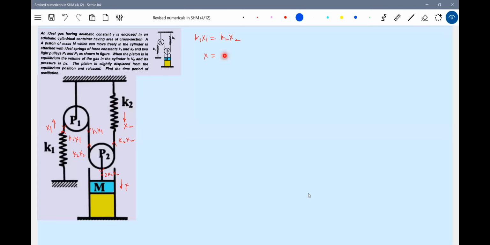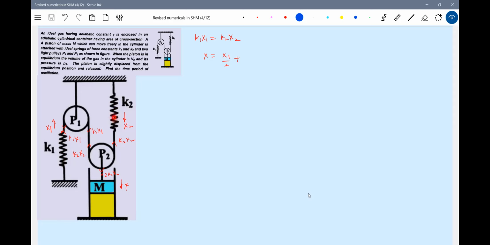So constraint equation: if I move this point by x meter, then here x meter will increase, then this will elongate by 2 times.